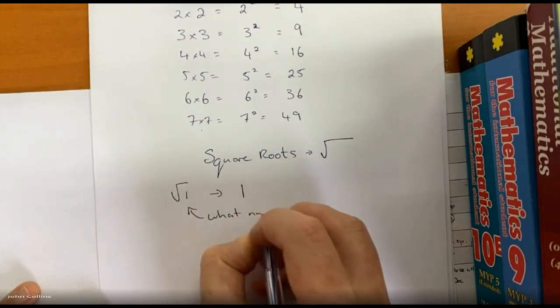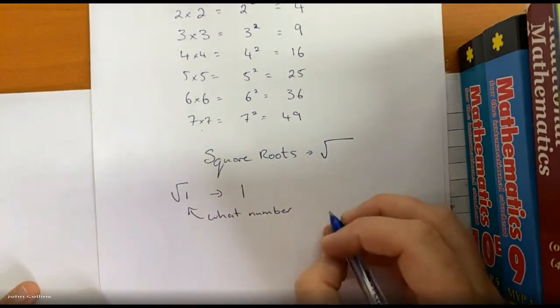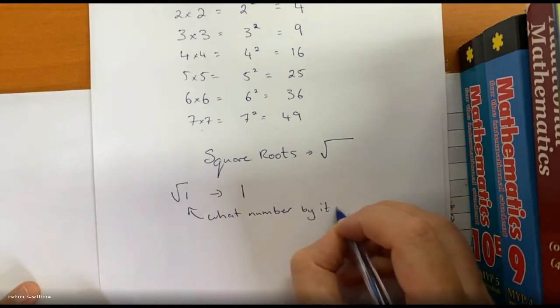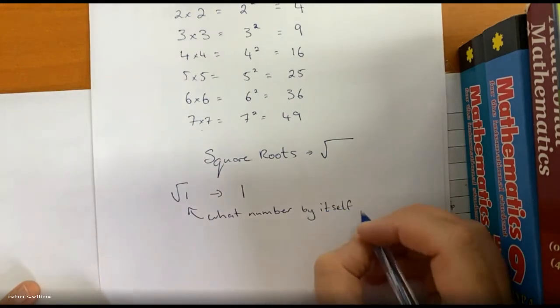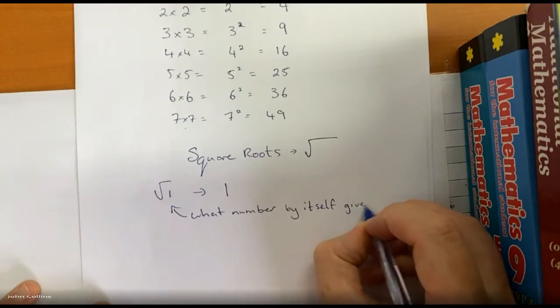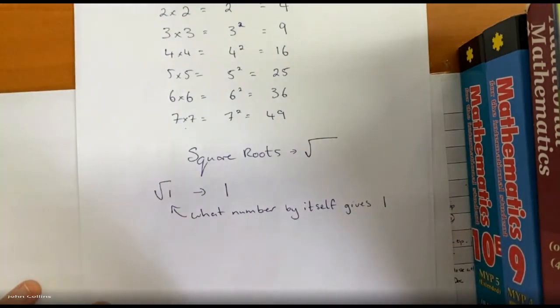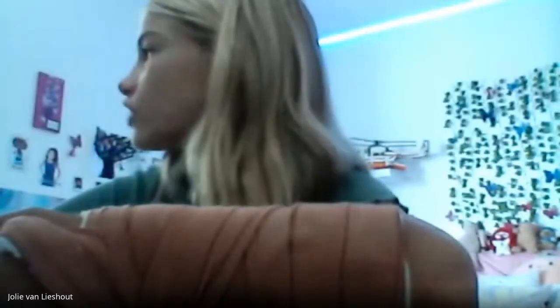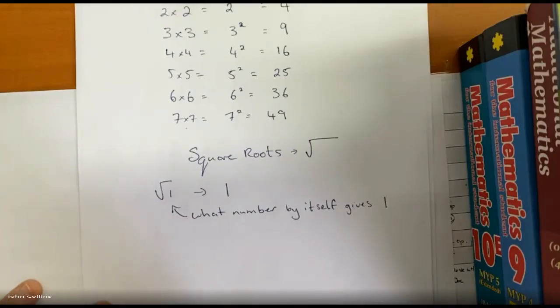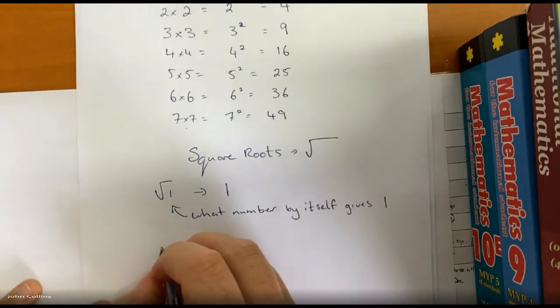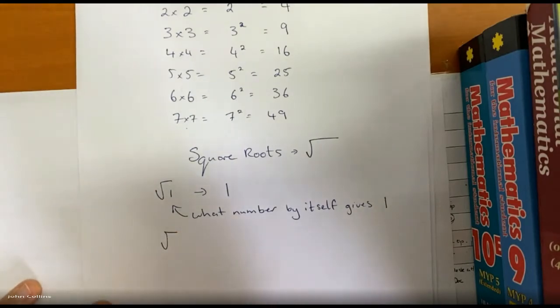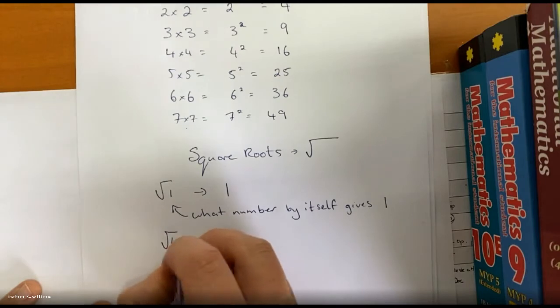What number by itself gives 1? That's what that means. Julie? So it's like division a little bit, yeah. Okay. So that means the next number I can get an even square root of is 4.